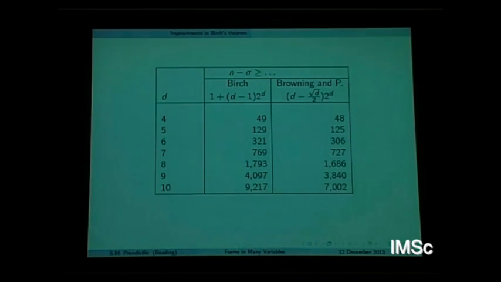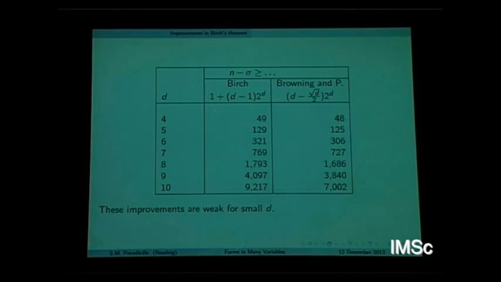So here's Birch's bound in the left column. That's the number of variables Birch requires for the Hasse principle. And this is the number of variables we require. So for quartic forms, we save a variable over Birch, which isn't so good. But for degree 10 forms, we're saving thousands of variables, which is nice.